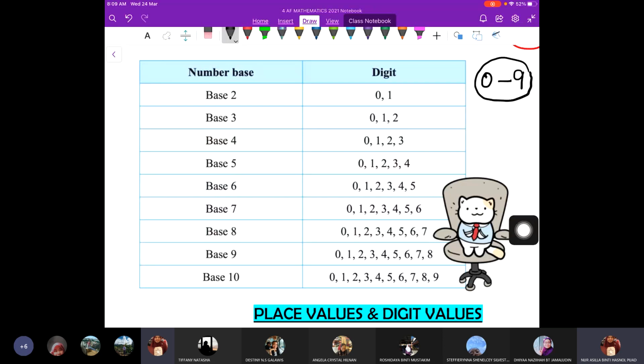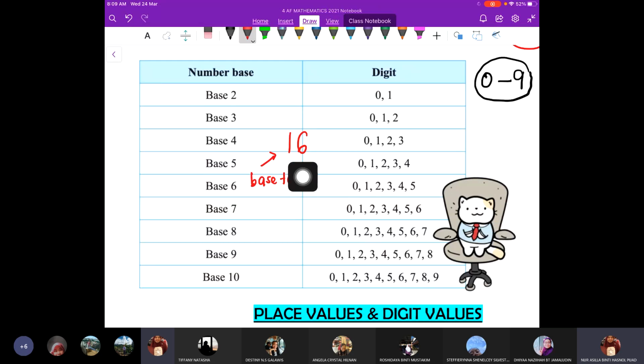Okay. Now, if you are wondering, saya cakap tadi pasal umur, your age is 16. If you see 16 adalah 16 and then I say that 16 is actually base 10. Kalau kamu tengok base 10, nombornya adalah 0 hingga 9.